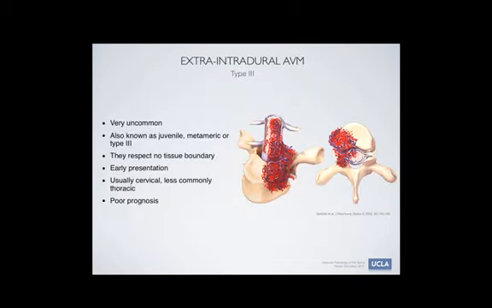Now, the second type that I mentioned is still extradural, more frequently also involving the dura and the spinal cord. That is these very large metameric malformations, or juvenile. They're called juvenile because, contrary to the other ones that we just mentioned that were traumatic, these are usually congenital problems. And they are called metameric because they can be associated with other vascular abnormalities like nevi or vascular malformations of the corresponding dermatome.